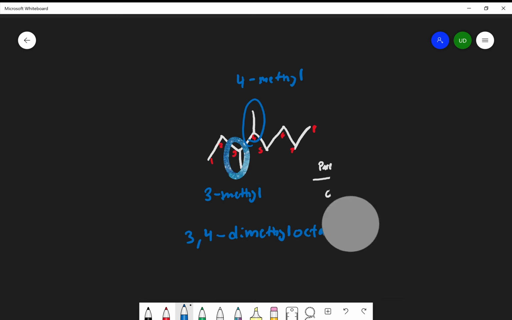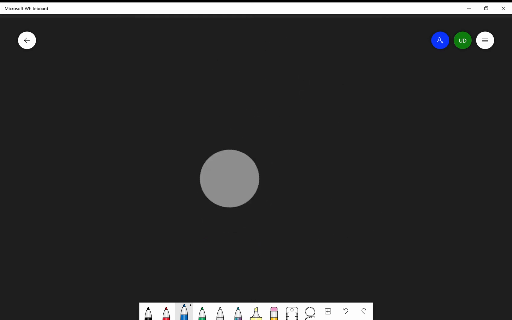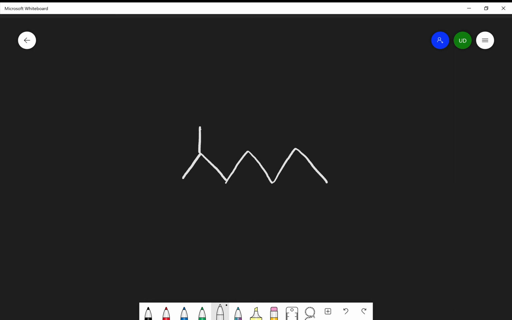Now let's try a similar one. Okay, and this one we'll put CH3. This one we'll do CH2CH3. Keep in mind, this is 1 carbon, and this one here is 2 carbons. So that'd be ethyl.